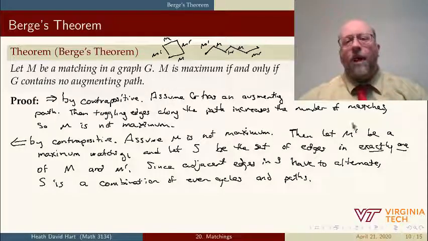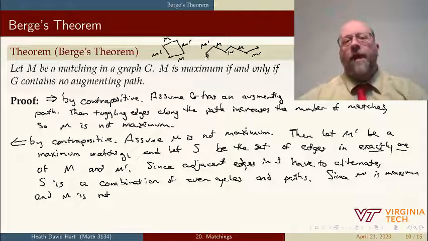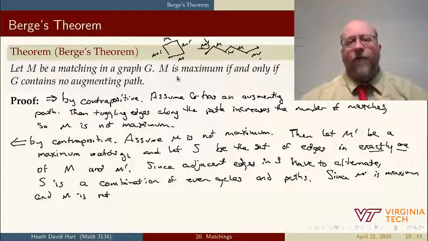But since M prime has more edges than M, the assumption is that M is not maximum. Since M prime is maximum and M is not, there have to be more edges in M prime than there were in M, which means that the path that we find has to have more edges in M prime than it has edges in M, and so it will alternate starting with M prime and ending with M prime. I can't find more edges in M prime in an even cycle because they alternate.